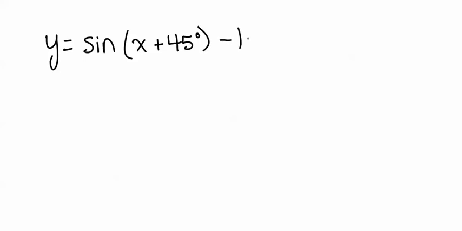Okay, this video is really long, but I'll just do one more in case you need another example. Let's do y equals sin(x + 45 degrees) - 1. So that's going to be a shift left 45 degrees, and this one's going to be down 1.